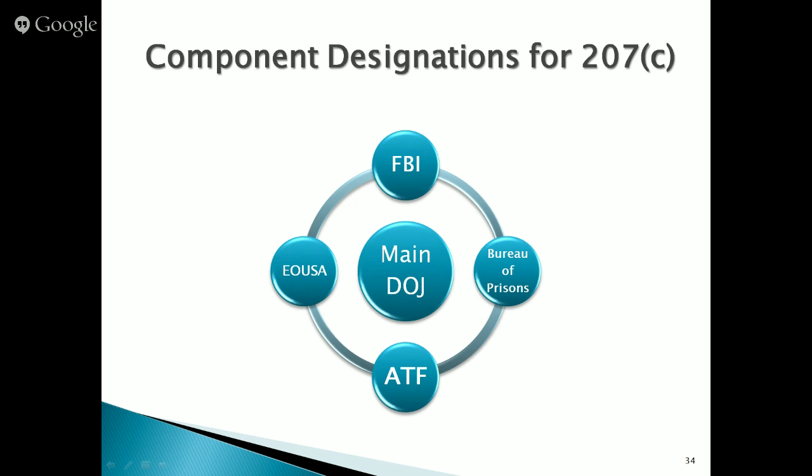Exactly. So that's the component designation piece in terms of what can constitute your former agency. But there's also another piece I want you to look at, if we can get back to where we were with the former agency. If you look at the top of page 688, where we just ended at 204, it talks about what the one-year period before termination involves.